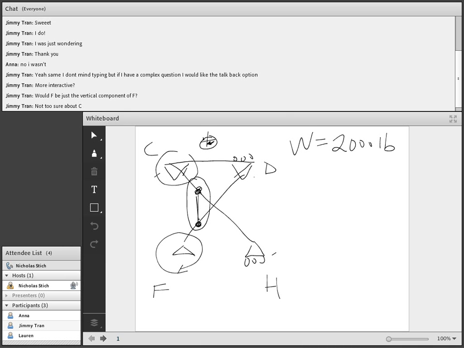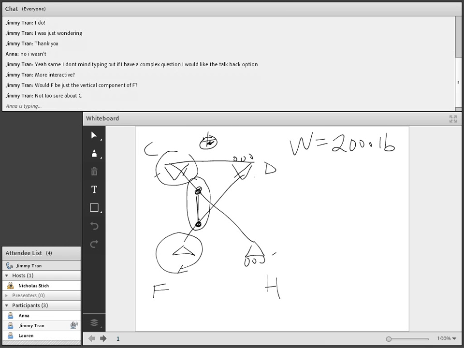Those are the roller supports. So what kind of forces do you normally see out of a roller support? Right, yeah, we just see the vertical forces from our roller supports.